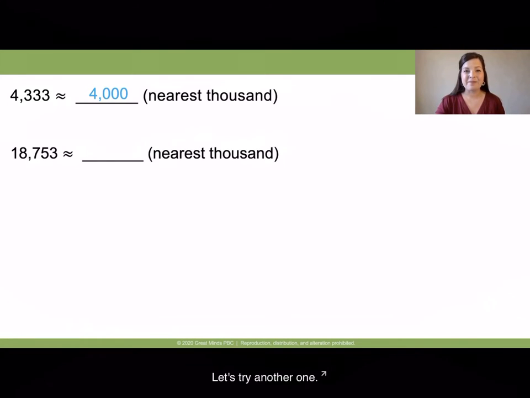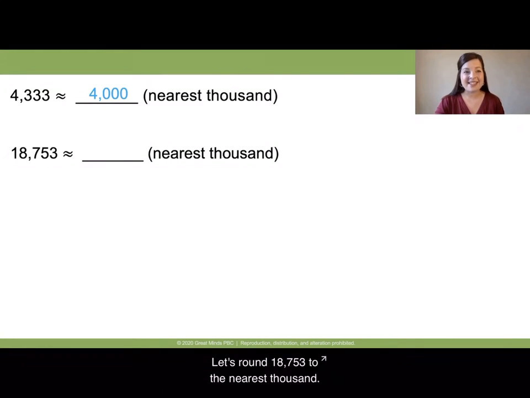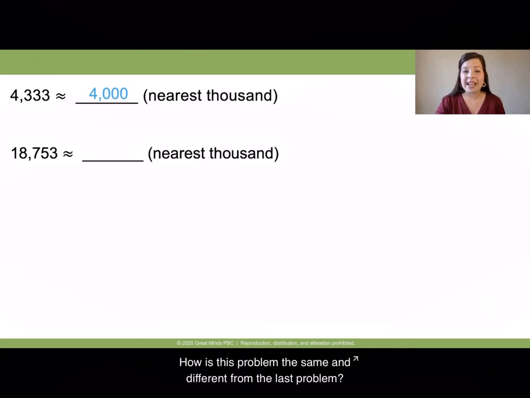Let's try another one. Whisper read this number to yourself. Let's round 18,753 to the nearest thousand. How is this problem the same and different from the last problem?